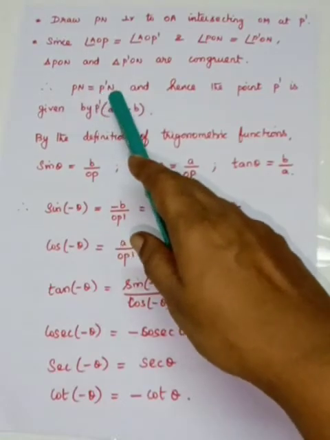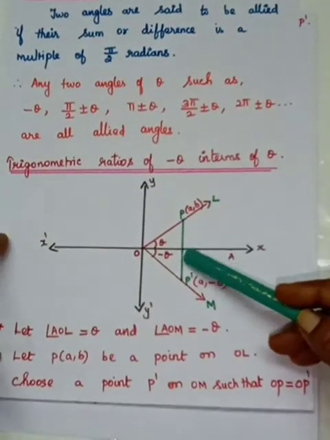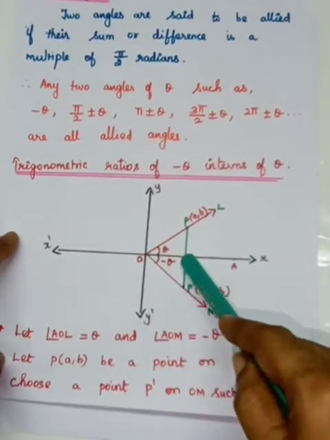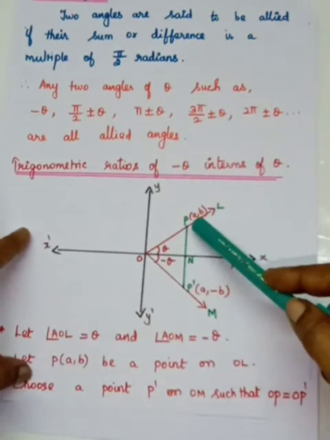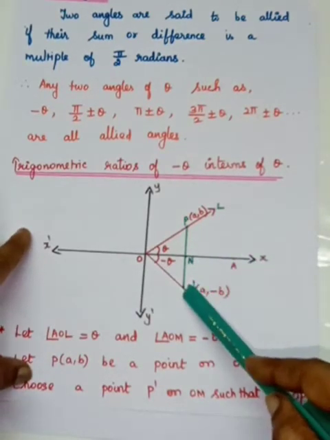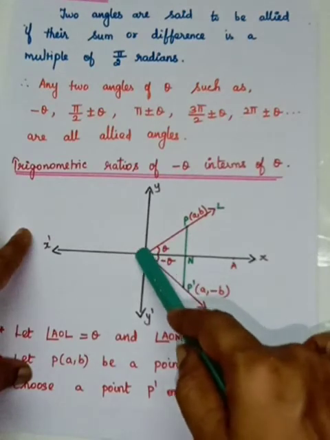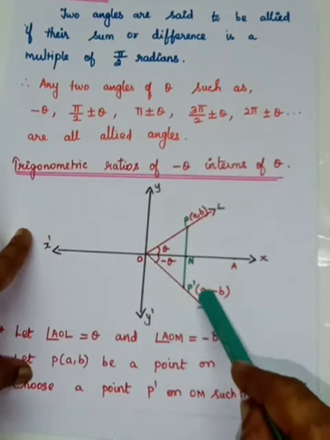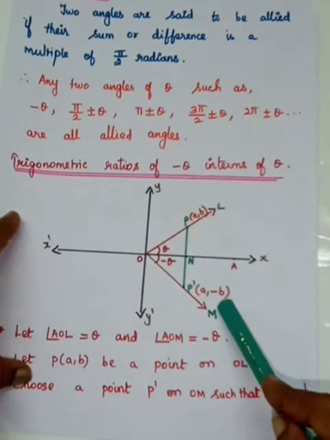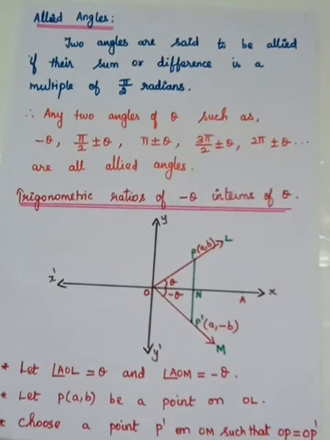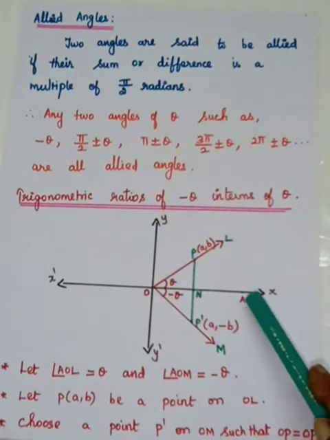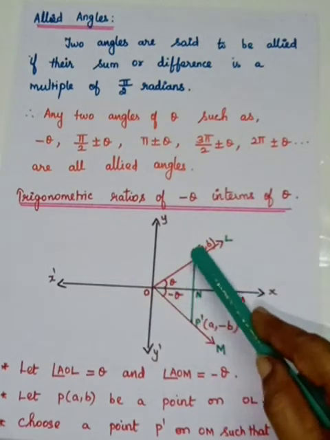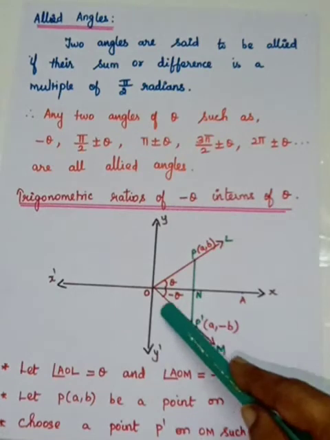So they are congruent means you can very well write PN is equal to P dash N. So this distance is the same. Therefore, for this point A comma B, this distance is A and this distance is B, so PN is equal to P dash N. For this point P dash, we can write this is A and this is B. It is in the fourth quadrant, so this point is A comma minus B. So see now, AOP is equal to AOP dash, therefore PON is equal to P dash ON.